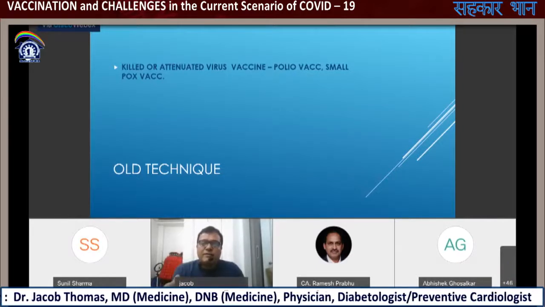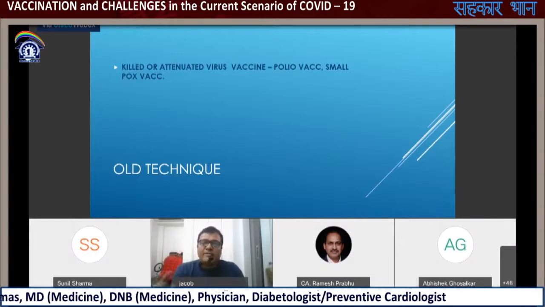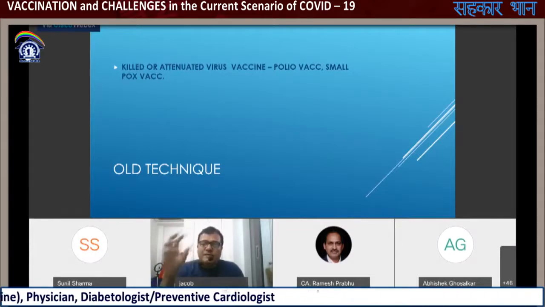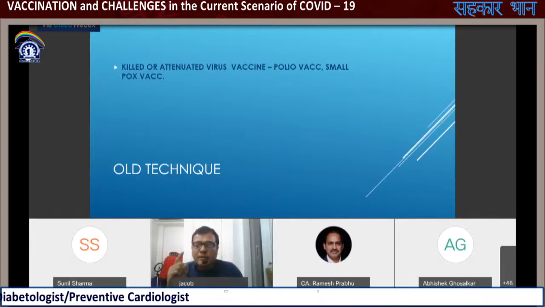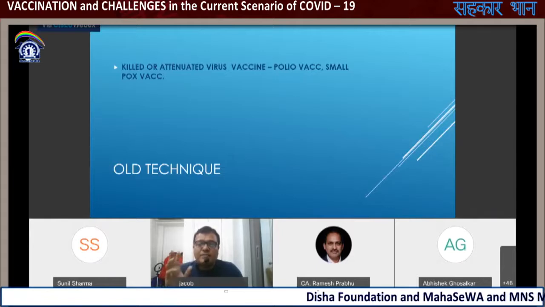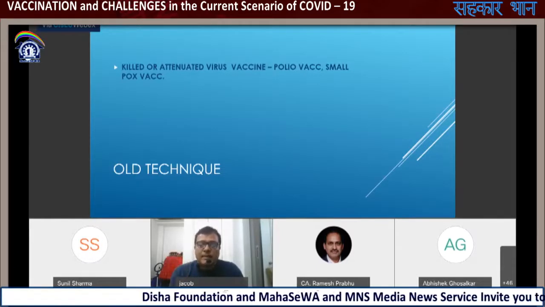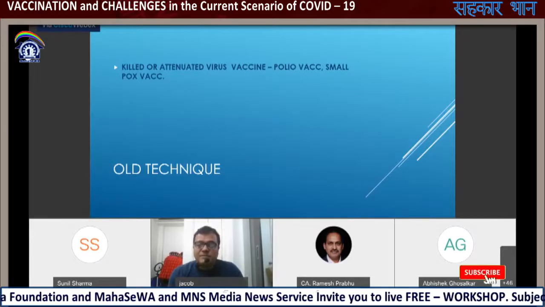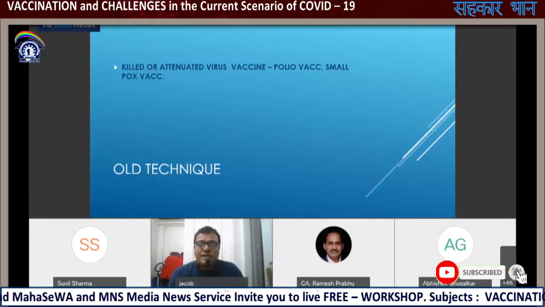And that antibody will be enough to protect the body if the actual live virus comes in. But these polio viruses were big viruses, they were not undergoing mutations. Smallpox, therefore, was eradicated. It was one big virus. It did not really undergo too many mutations. But the same thing does not occur with SARS-CoV virus, respiratory virus, dengue virus, etc.